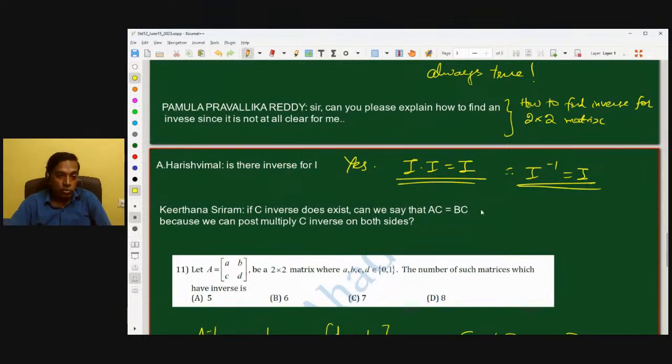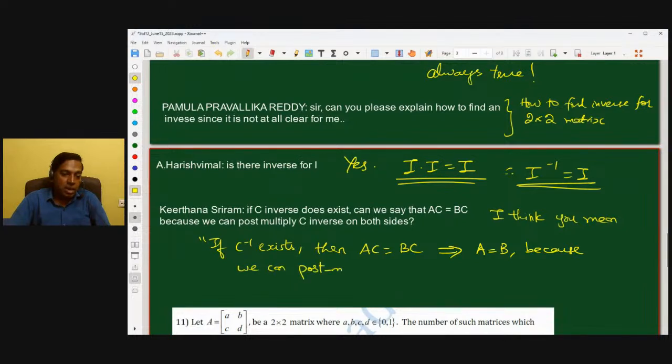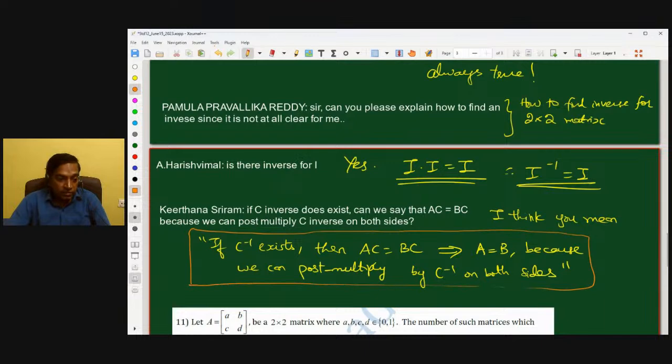No, actually, your question, I think you mean that if C inverse exists, then AC is equal to BC implies A equals B, because we can post multiply by C inverse on both sides. I think this is what you meant, and that statement is correct, and it is also very crucial and important. That's why I'm writing it explicitly, and it's a very, very important statement. Kirtana, I think you just made a mistake by forgetting to put the implies.